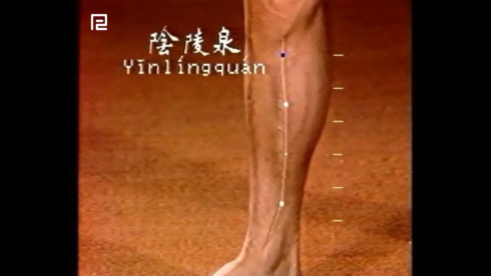Indications: abdominal pain and distension, diarrhea, dysentery, edema, jaundice, dysuria, enuresis, incontinence of the urine, pain of the external genitalia, dysmenorrhea, swelling and pain of the leg and knee, Bi syndromes, Wei syndromes, sterility, impotence, and rubella. It is also used in cosmetology. Puncture 0.3 to 0.5 cun and apply 3 to 5 moxa cones or 10 to 20 minutes moxibustion.